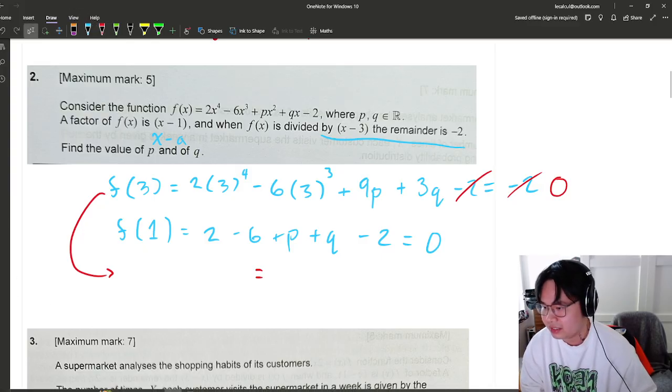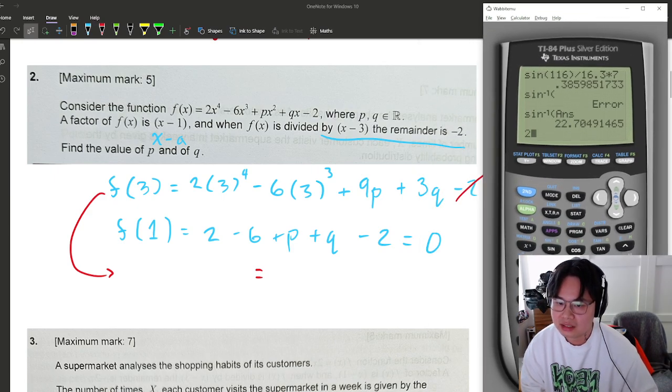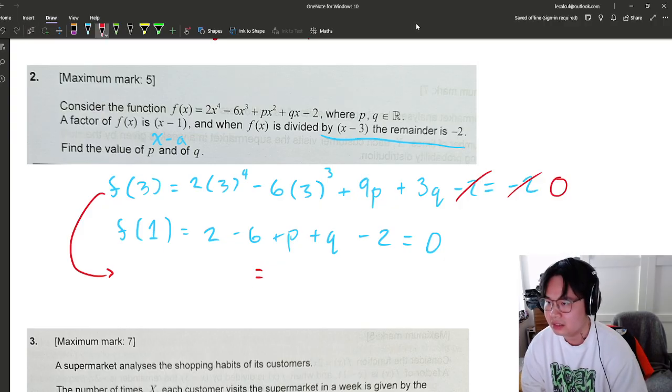Okay, I'm just going to calculate this out. 2 times 81 minus 6 times 27. Oh, that's nice. 0? Oh yeah, that makes sense. If you pull out a 3, then that's 6 times 3 to the power of 3, so then these would cancel. Cool. So our first equation is 9p plus 3q equals 0.